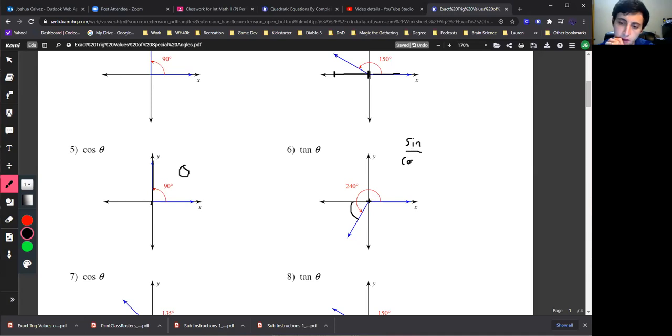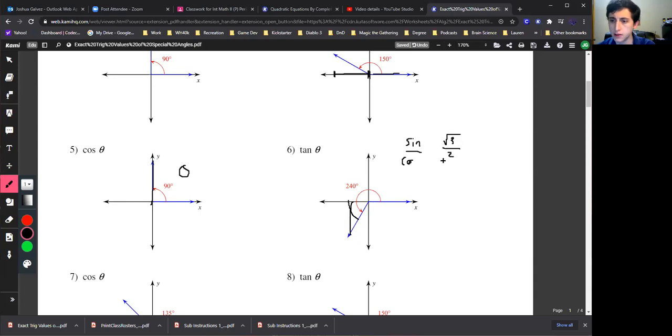This sine this way would be like the sine of 60, but it's negative, because this is just the mirrored version of that, and that's just the mirrored version of that. So what's the sine of 60? That's going to be root 3 over 2.